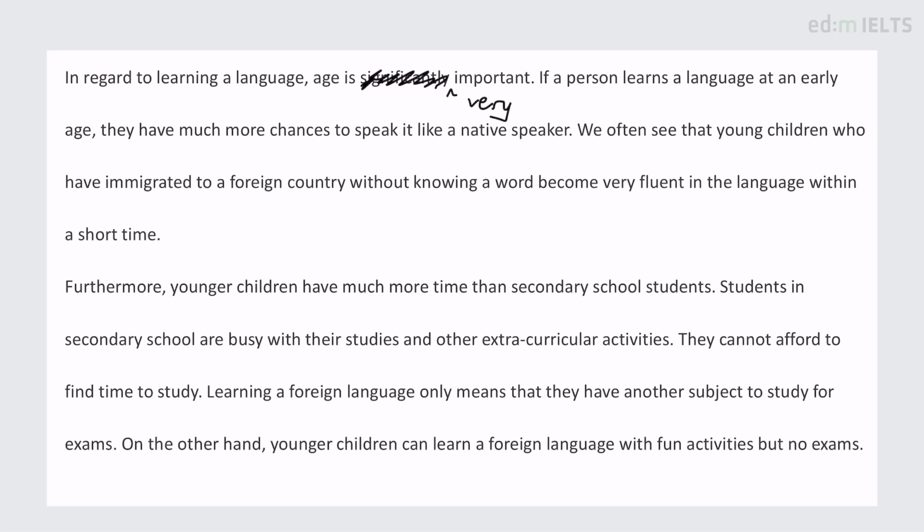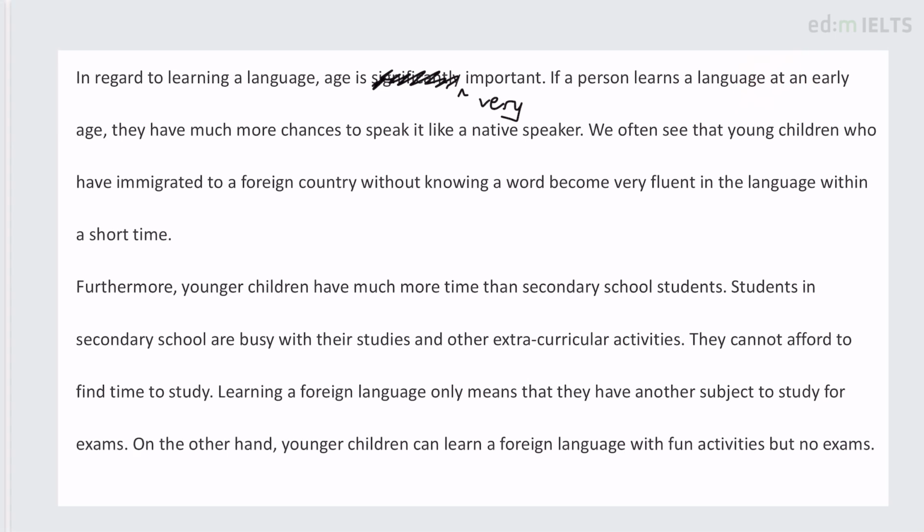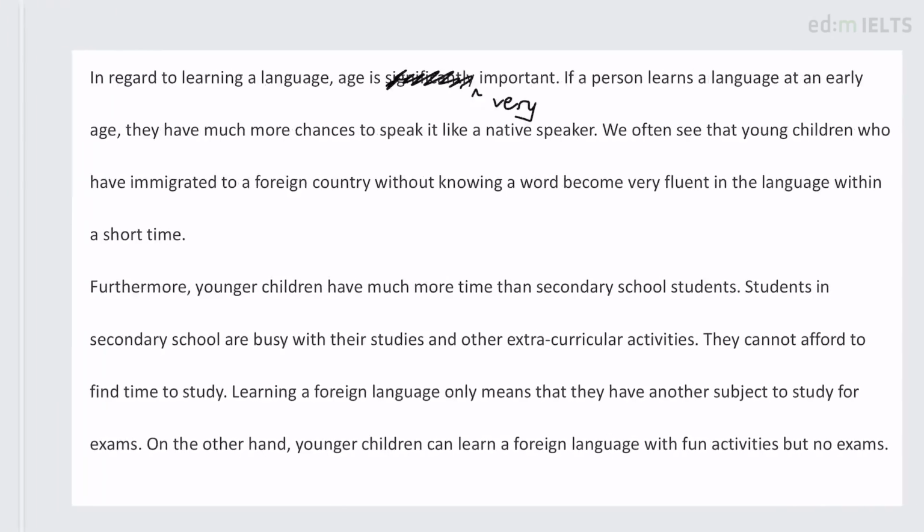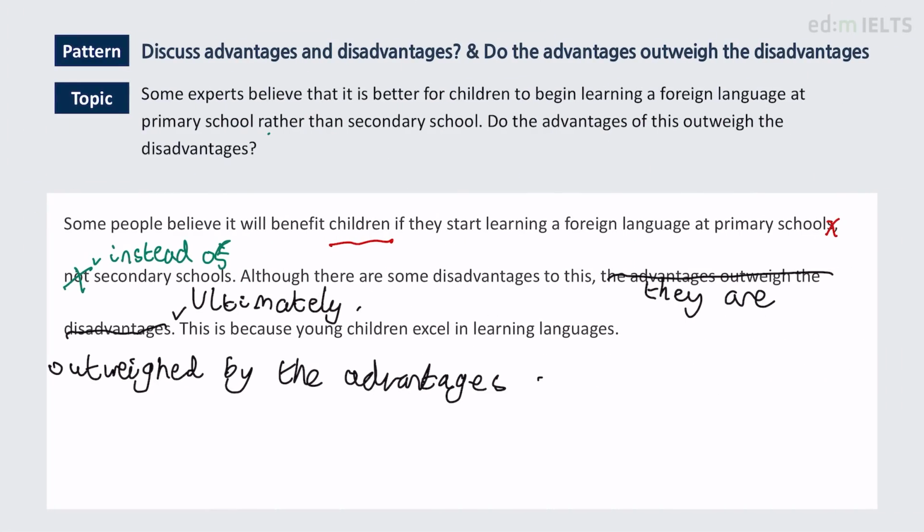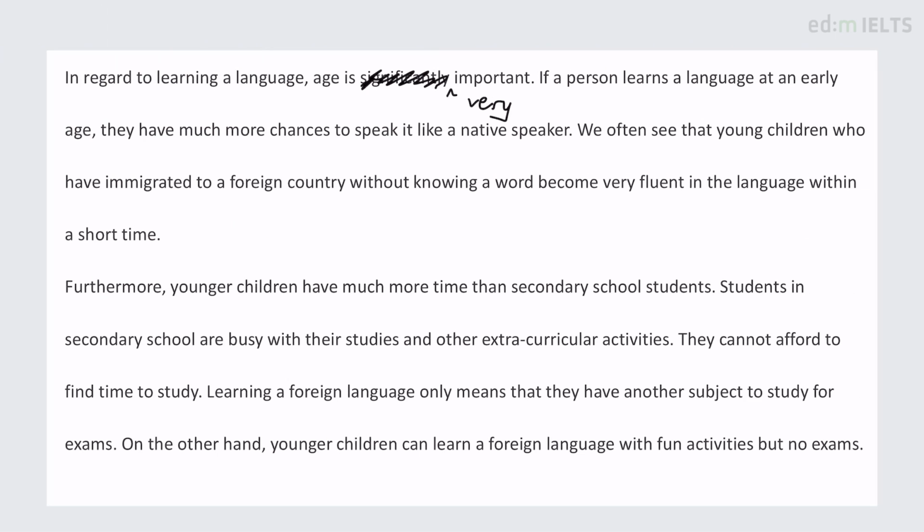If a person learns a language at an early age, well, I think at is the wrong preposition because it's giving the time when you start. So we say begin at, so start at that time. But just because you start at that time, it doesn't mean you only learn it at that time. It just means you start at that time. So better to say learn.